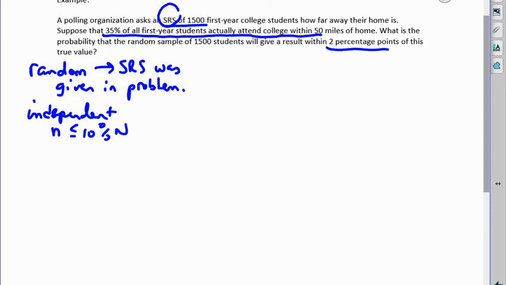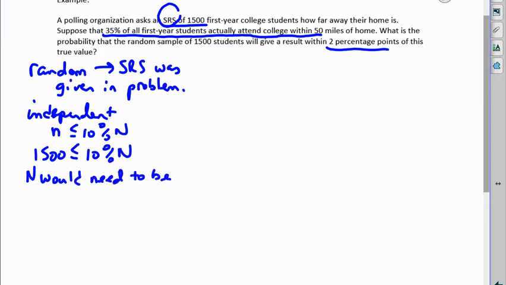We are asking 1,500 students, 10% of N. In order for this to happen, we would need the population to be 15,000 or more.